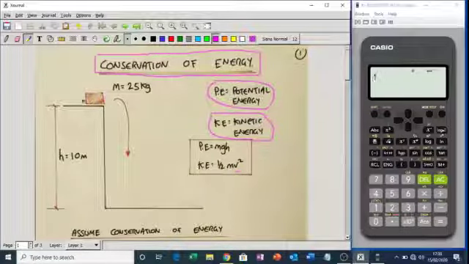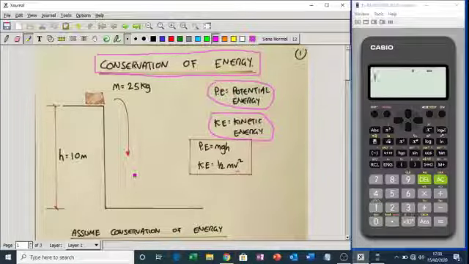As this object falls, its potential energy decreases because its height is decreasing, but that difference is made up in its kinetic energy because it's getting faster and faster. So the conservation of energy states that the energy up here just changes form into potential energy and kinetic energy.